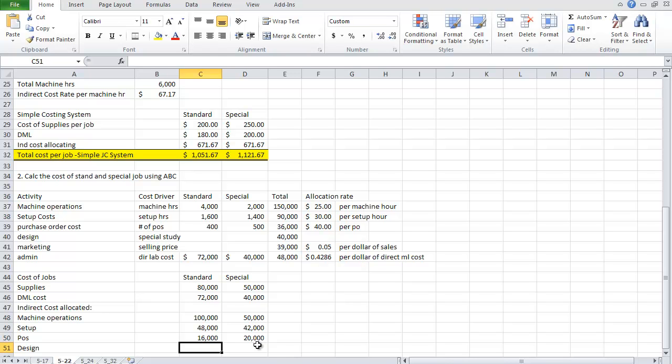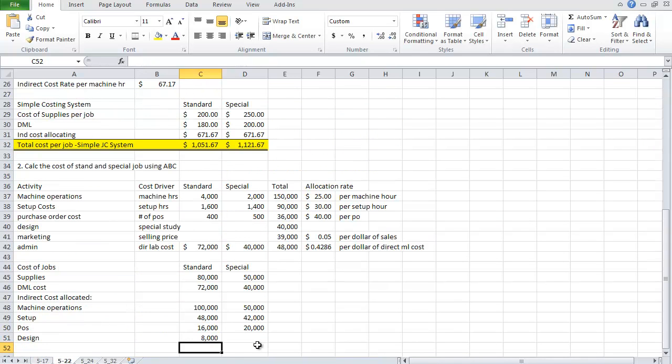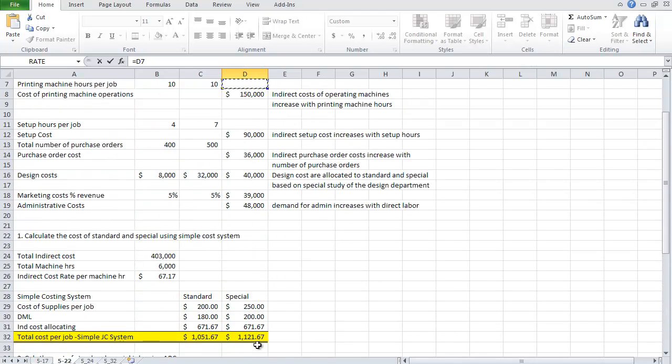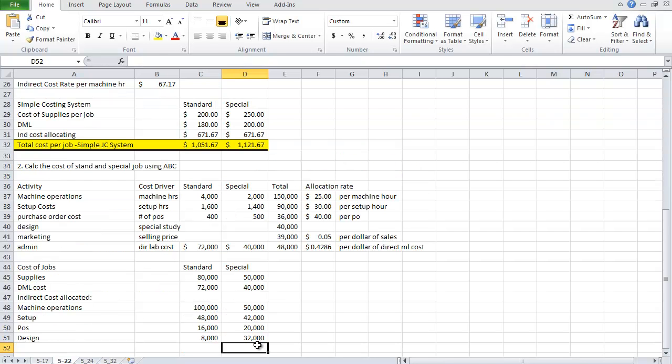So in that special study, we're told that the design costs are $8,000 for the standard, and the special study tells us that the special should end up with $32,000. So that's just straightforward. We had paid for a study, the information came out, so we will use the information that we have. Marketing.